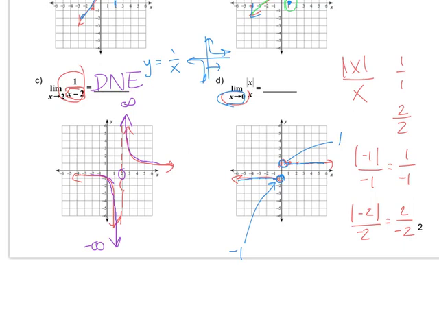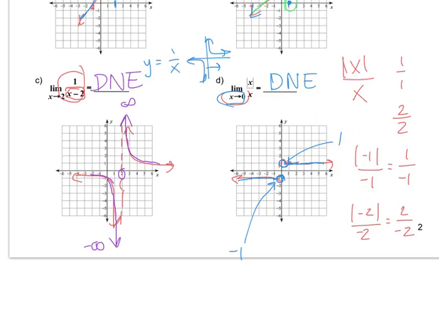So what we see is that there are actually two different values that our function is approaching as x gets closer and closer to 0. The definition of a limit is one specific value that the function is approaching. So because it's approaching two different values as x approaches 0, the limit does not exist. So DNE for does not exist.